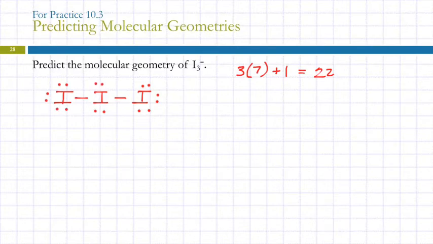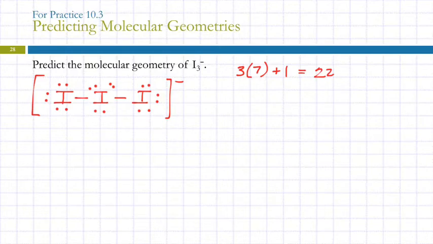What are we going to do? Well, let's put them on the central atom, right? So I'm going to move these over a little bit to make some space. And then this is an ion, so we should put brackets around it and put a negative sign on the outside. Let's check the formal charges.